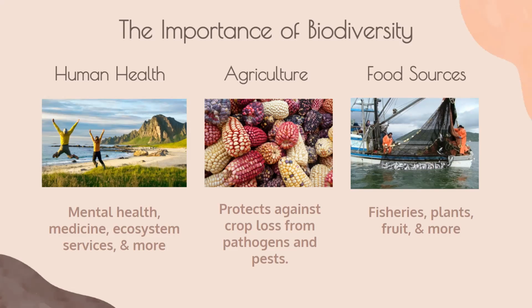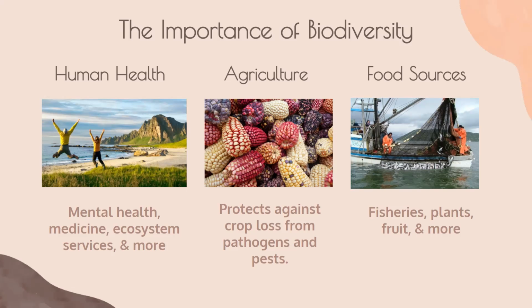Now, when you have a variety of corn, like you see in the picture, there are going to be some strains that are resistant to these pathogens. So even though a virus or pests are coming into your crops, if you have some that are resistant, you can continue to produce food. So as we lose that diversity, we jeopardize our food sources.